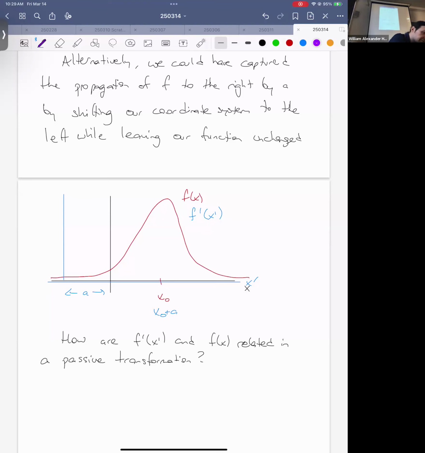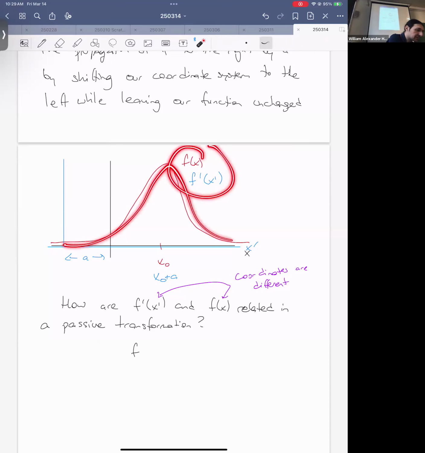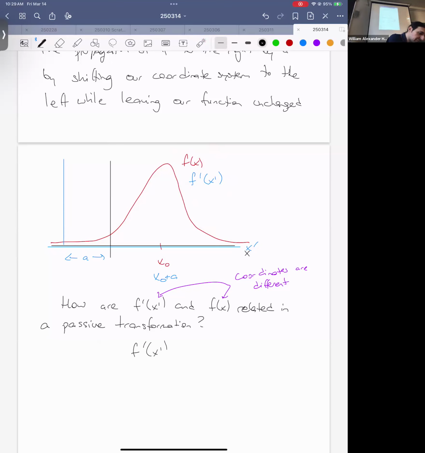Here, explicitly notice how the coordinates are different. So how are these related? Well, the function hasn't changed, right? It's still the same thing. So that tells me that this f prime of x prime has to be equal to f of x. Good.